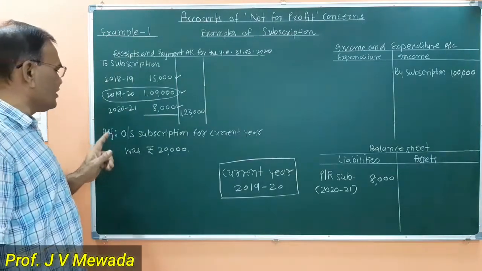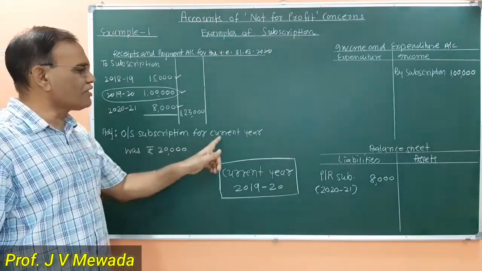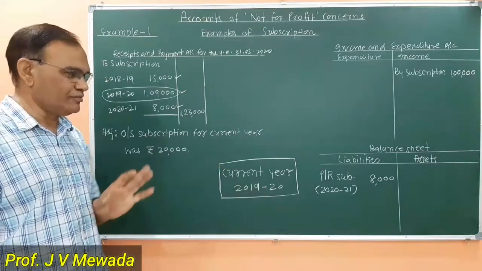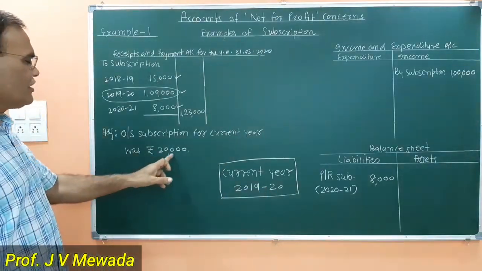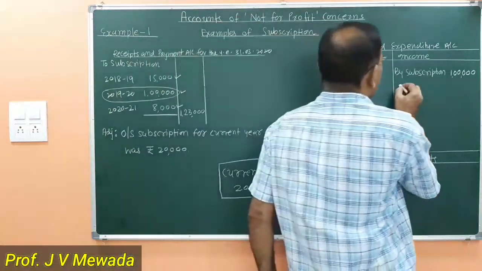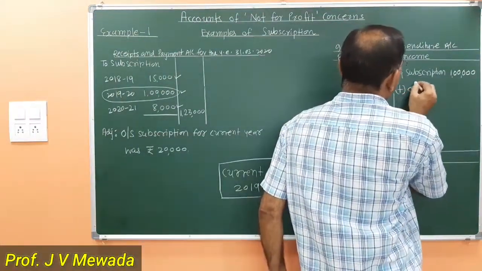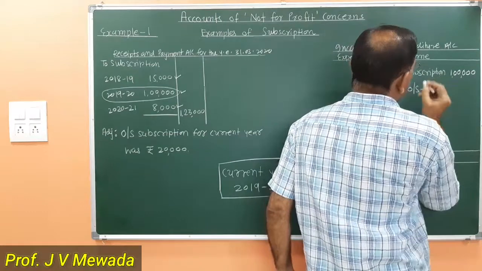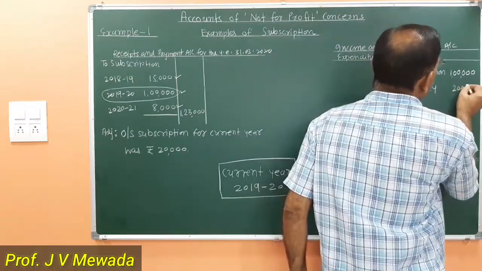Now we are given the adjustment. Outstanding subscription for the current year. Current year means 19-20 was rupees 20,000. So for the current year we will add here, add outstanding of current year 20,000 rupees.